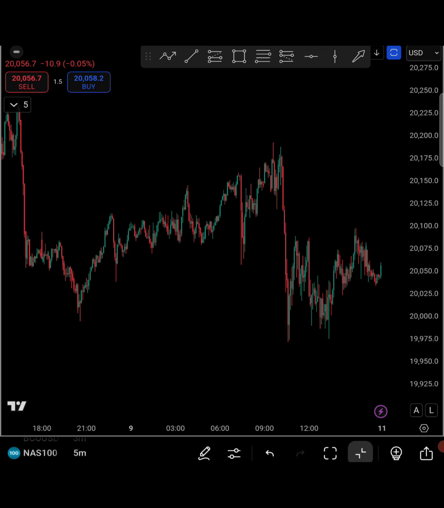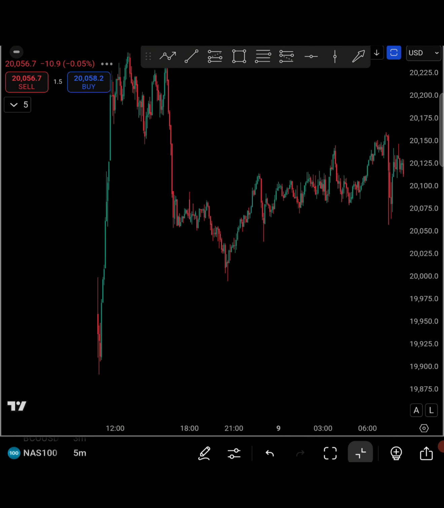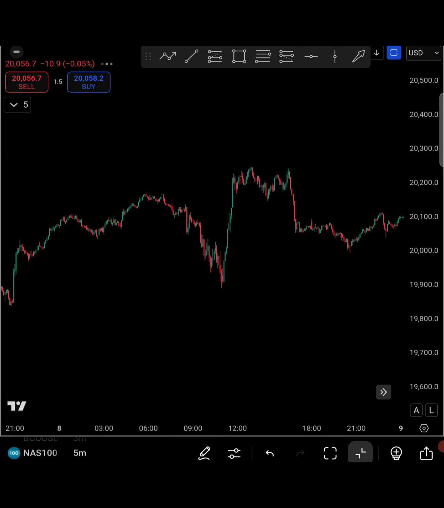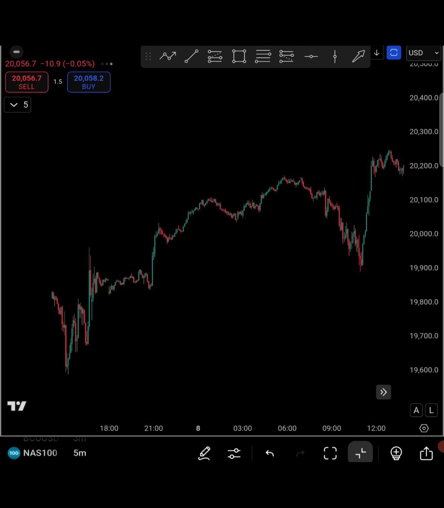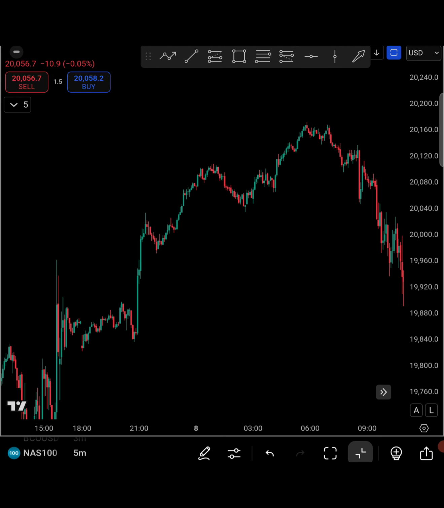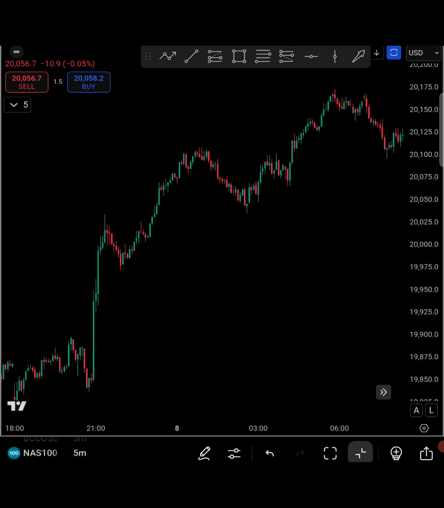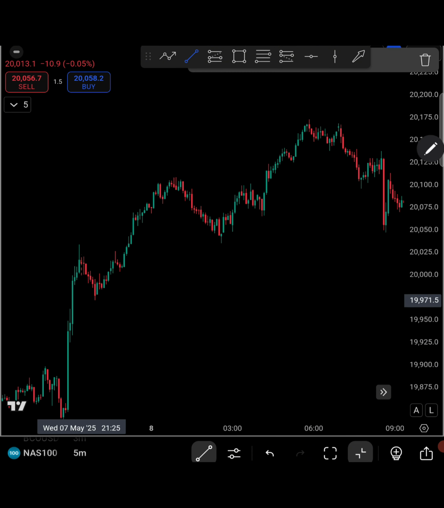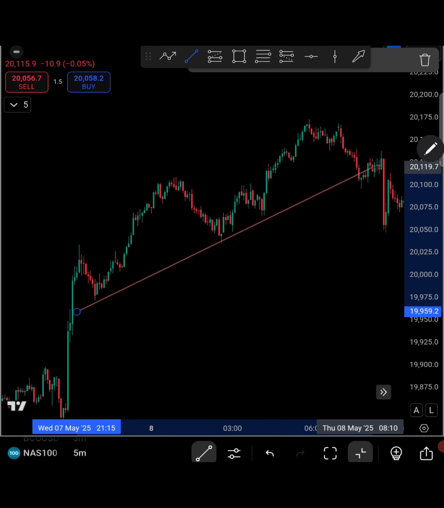This is a 5 minute. Let's try to find a nice uptrend right here. We can see the market.